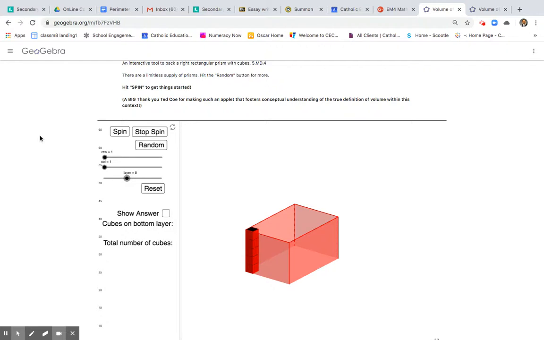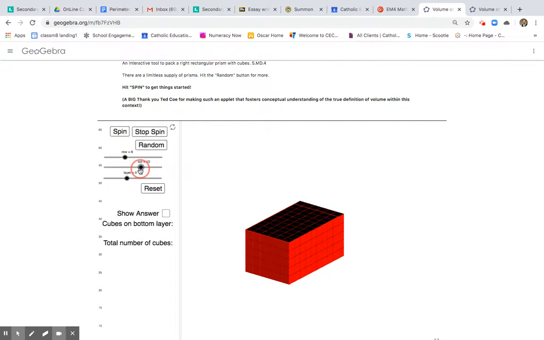It's going to be 6 times 5, and 6 times 5 is 30. Then how many of these does it take to fill up the whole rectangular prism? This front bit is 30, and there are going to be 9 of them. So 5 times 6 is 30, times 9, 270 again.